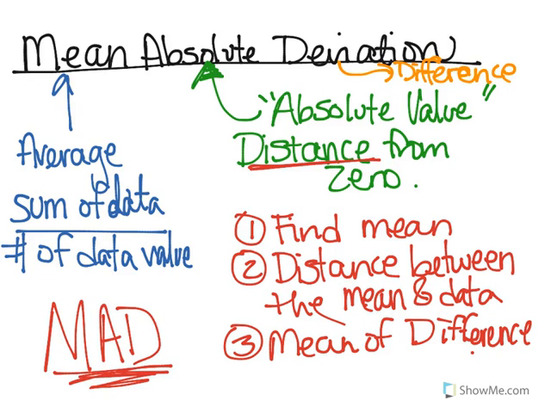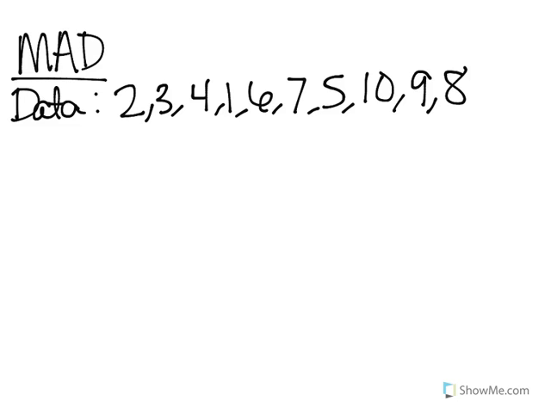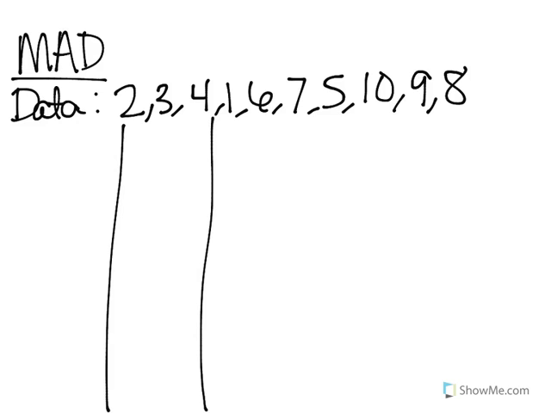Let's try some practice. So for example, we're going to find the MAD of this data set. So the first thing I'll do is I'm going to draw myself a table. And I'm going to write my data up and down. Then I'm going to write my mean.